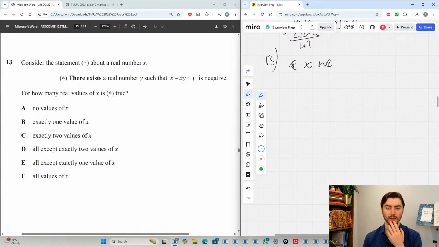Okay, so can I find, so it's x into 1 minus y plus y. And we want where that is negative.